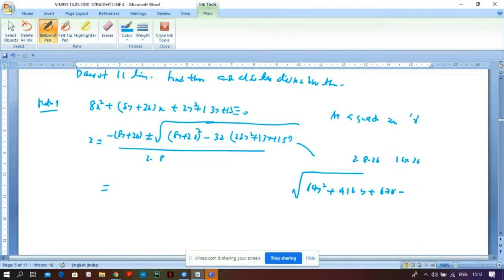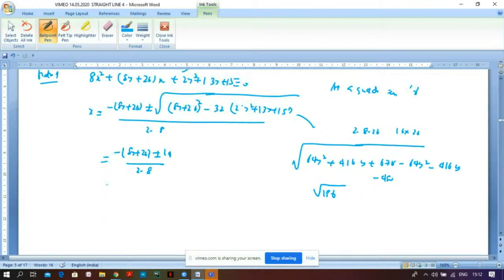This is just a simple 2. Watch out here. So that is 64y squared, and then minus again 32 times 13, so that is 416y, and then minus 480. And so you find that this is just a constant. When you write, this is root 196. And so you are getting x as minus of (8y plus 26) plus minus 14, over 2 into 8.